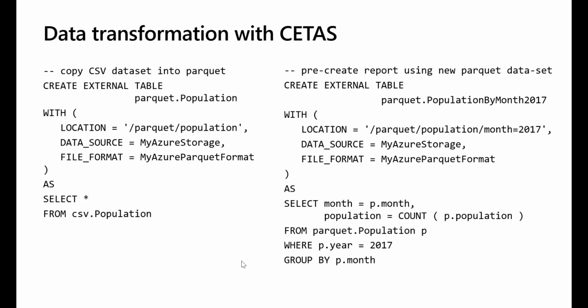Then you can run some query like select star from CSV population, and SQL On Demand will read results of this query and store them into location that is referenced by this external table. You can simply read entire content of some file, or you can do some complex reporting like reading data from file, doing some group by aggregation, and then storing results into some file.